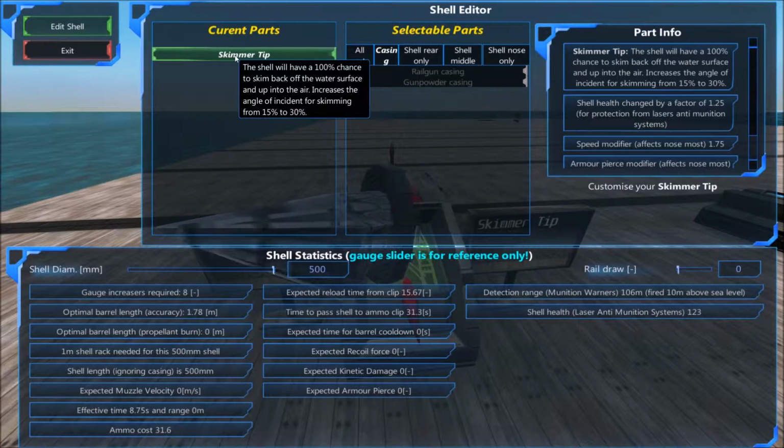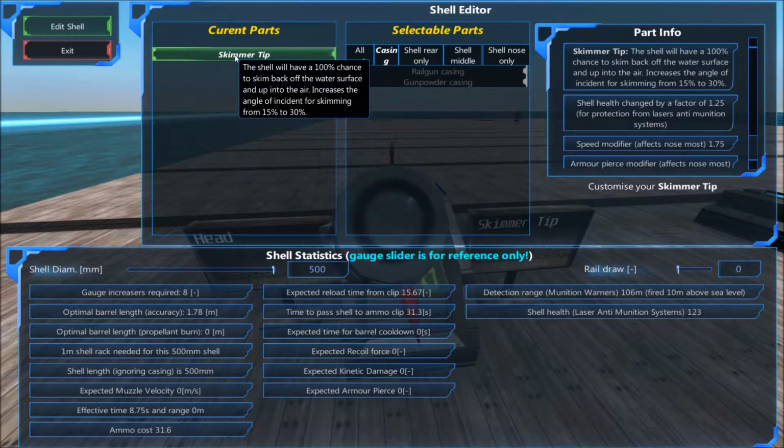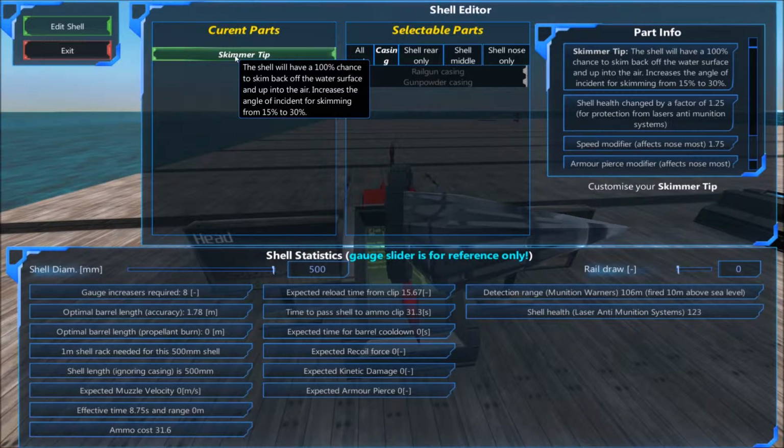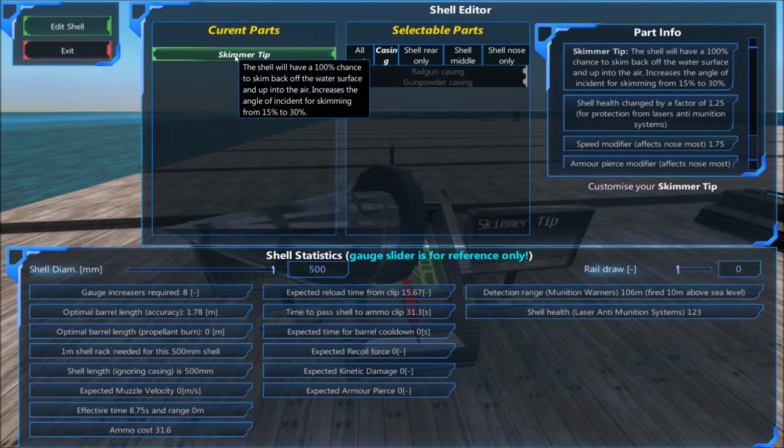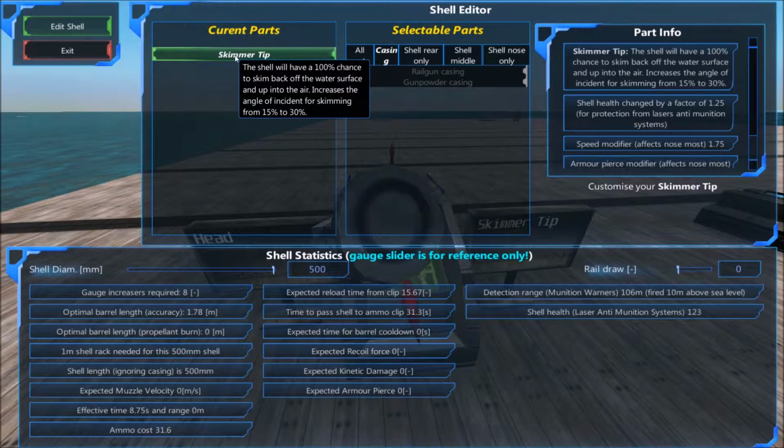If your shell hits water, that's generally because it was going to target something underwater, either a part of your opponent that was underwater, or say their AI is slightly underneath the water. If your shell bounces off the water, you've got a high likelihood of missing the enemy altogether, which is obviously pretty bad. So generally that part of the skimmer tip is pretty bad.